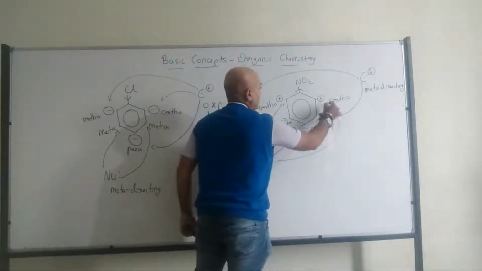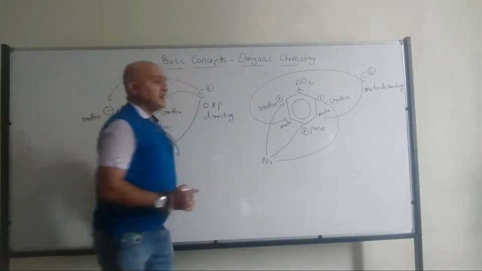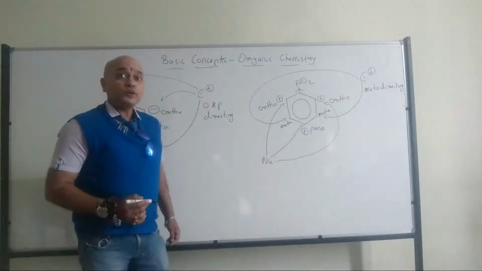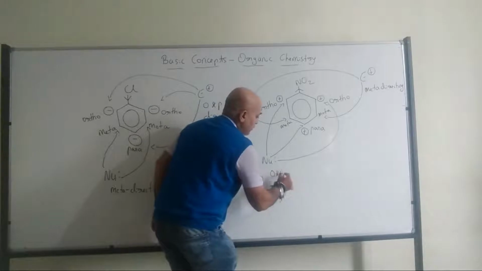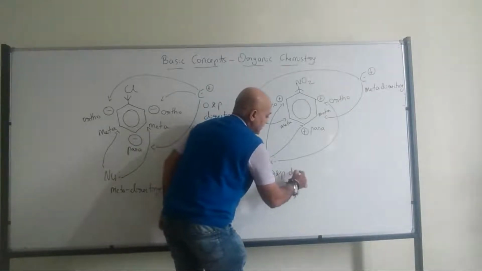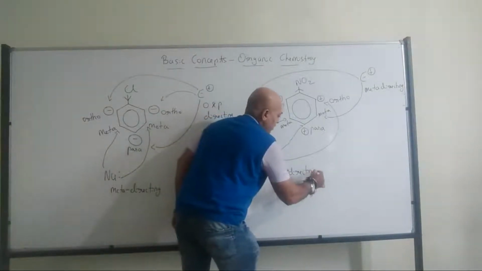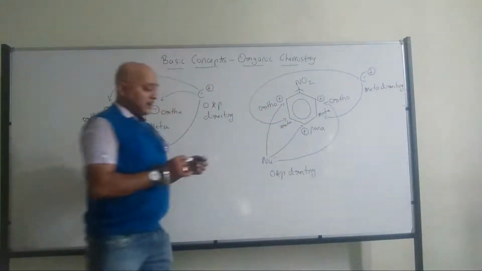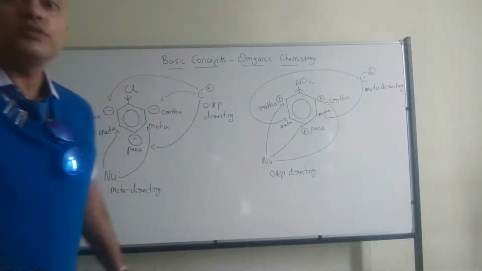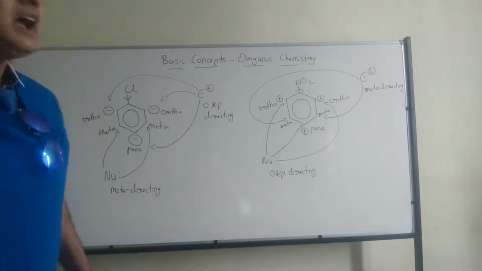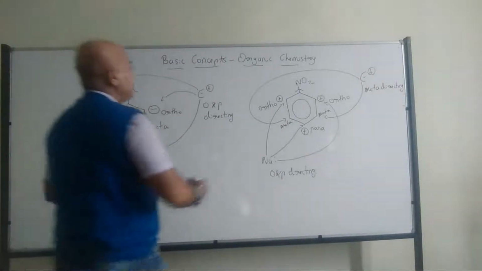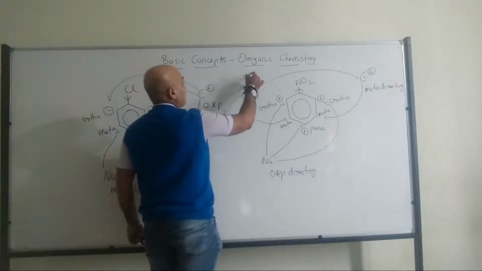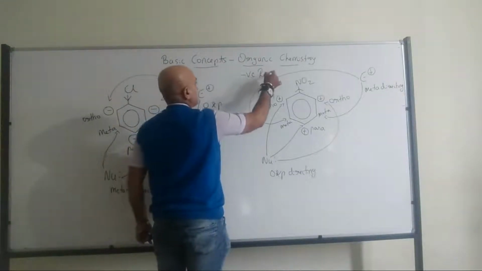So when it comes to nucleophiles, they will be ortho and para directing with respect to those compounds where we have negative resonance. All of you have got my point? So this is an example for negative resonance.